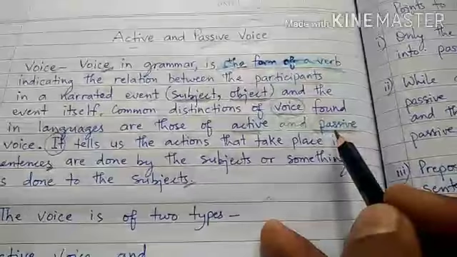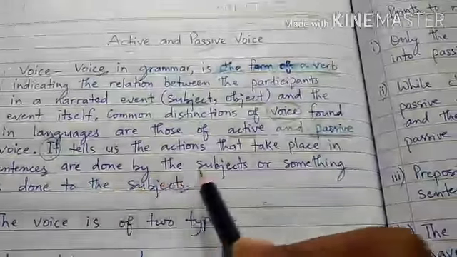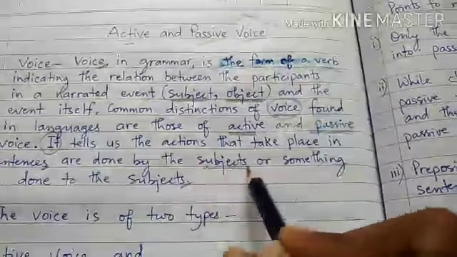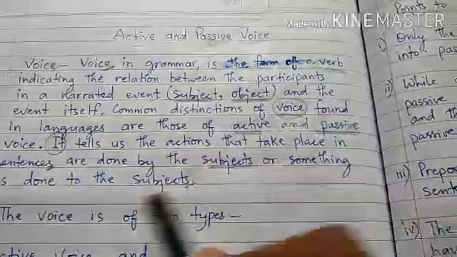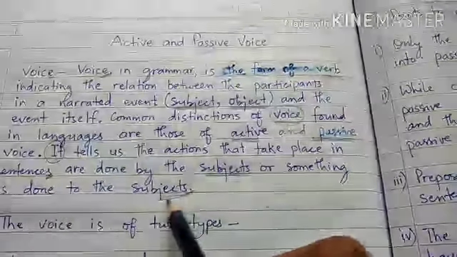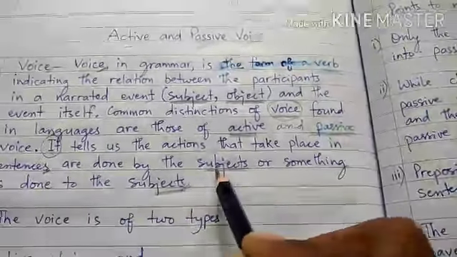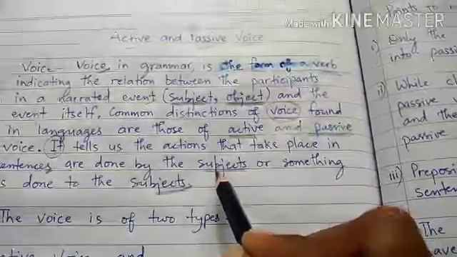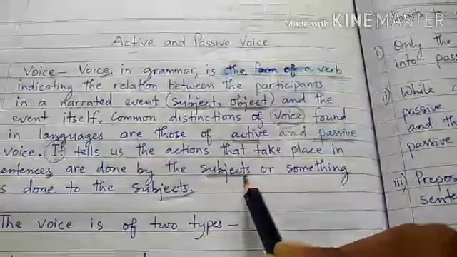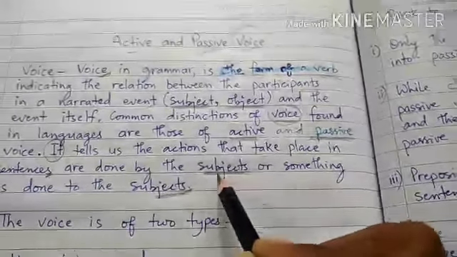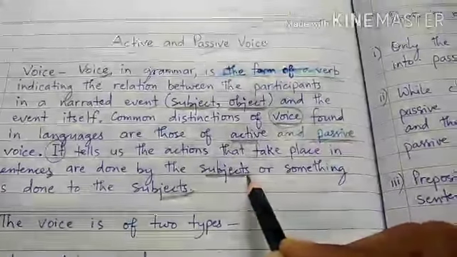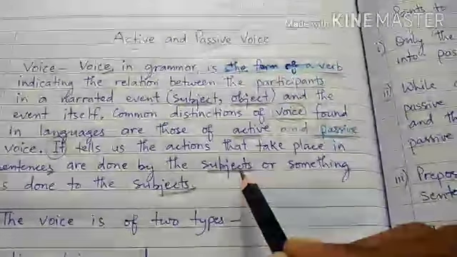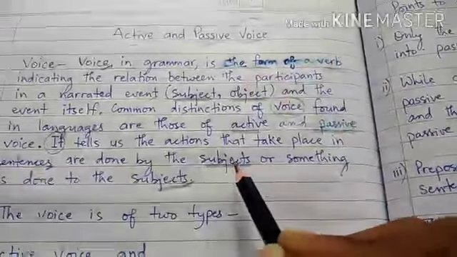Okay. So how? By saying that the subject performs the action or something is done to the subject. We already know that subjects are the performers of the actions. So if the subjects are the performers of the actions directly, then the sentence written is in active voice.